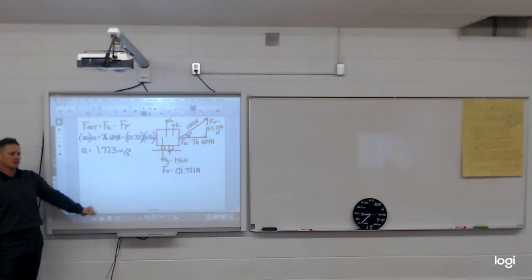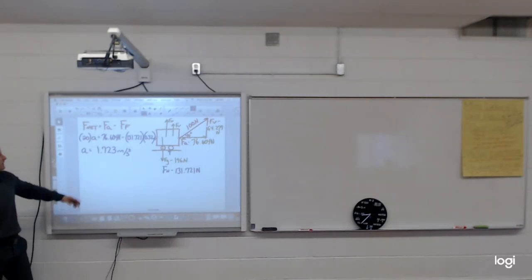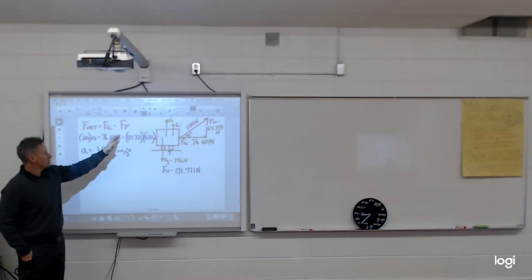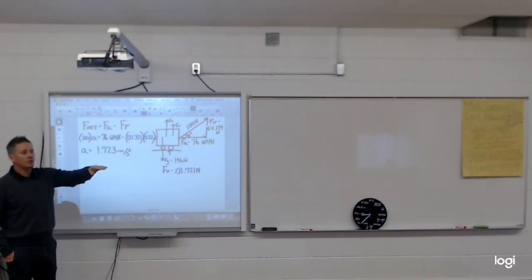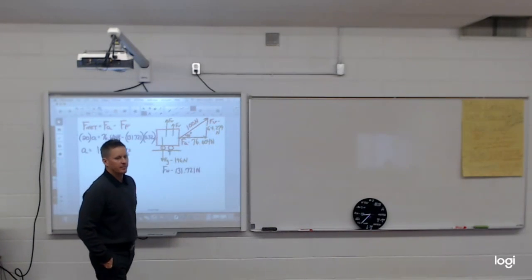Type in 76.604, subtract 131.721 times 0.32. You can't hit equals in the middle, because then it would subtract first and then multiply. So put it all in like that, hit equals after that, and then divide by 20. Or you can put brackets around all of them.